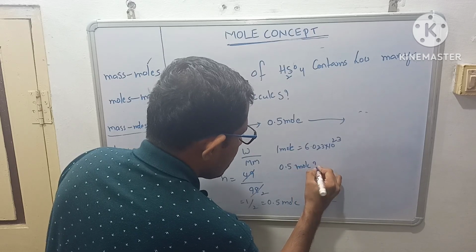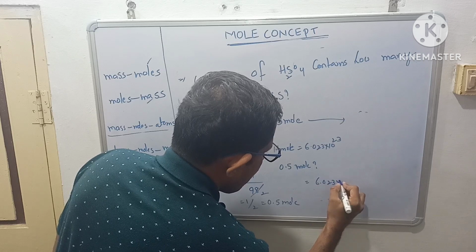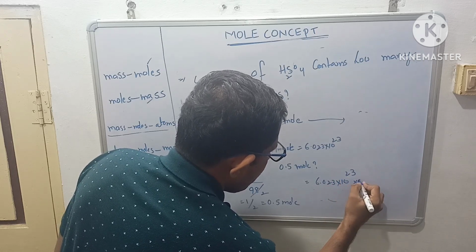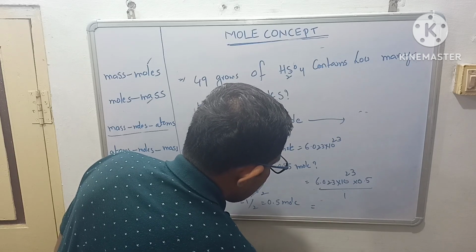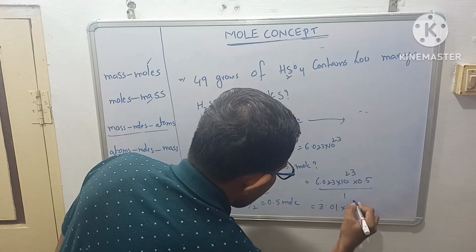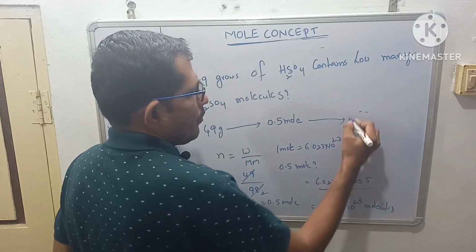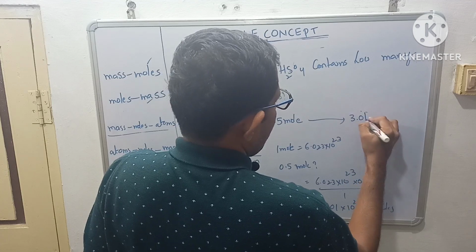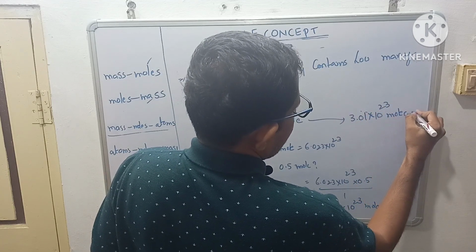It will come like this: 6.023 into 10 power 23 into 0.5 by 1. If you calculate this, it will come 3.01 into 10 power 23 molecules. I am writing over here 3.01 into 10 power 23 molecules.